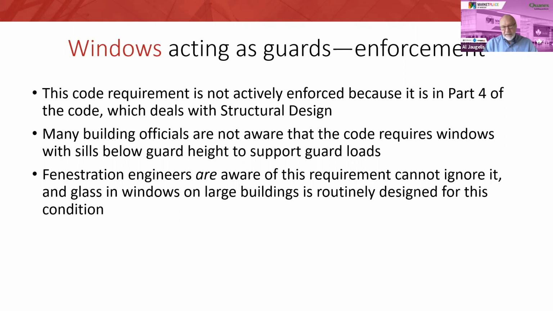So it turned out that it led to the glass having to be replaced in these windows, because they just weren't strong enough for the guard load condition. I think it's important for people to realize that because it's a part 4 issue and it's a Part 9 building doesn't mean it won't affect you. It will likely affect you if you need to have an engineer involved in that project.